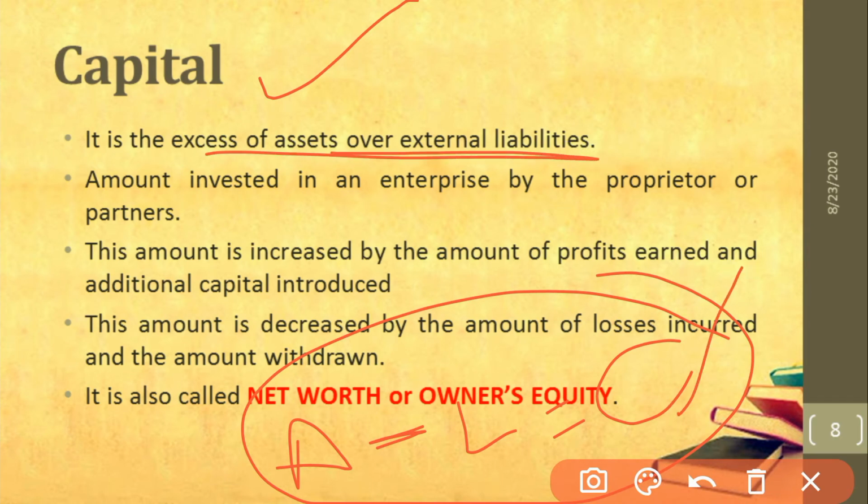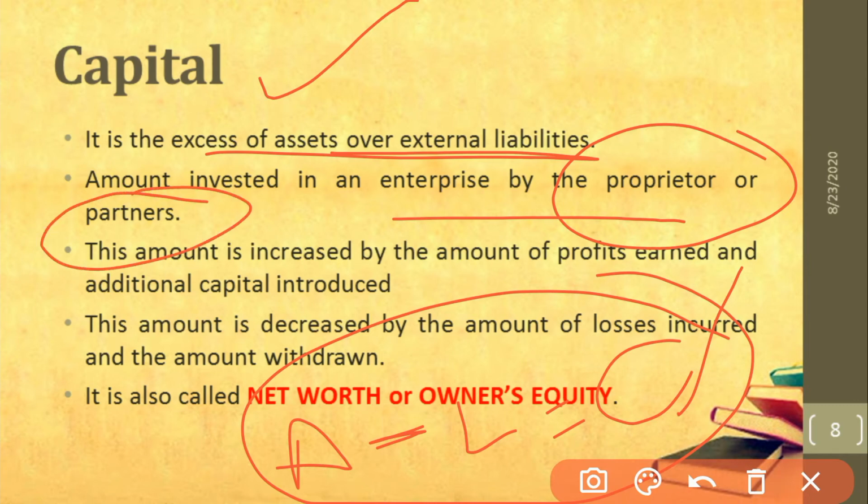It is also the amount invested in an enterprise by the proprietor or the partner. Now you understand who the partners are. When more than one person is involved in the enterprise, they are known as partners, and when only one person is operating the business, it is known as the proprietor or the sole proprietor. So whatever amount is invested by either the proprietor or the partner is called the capital.